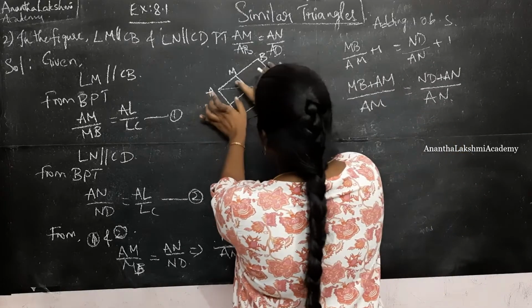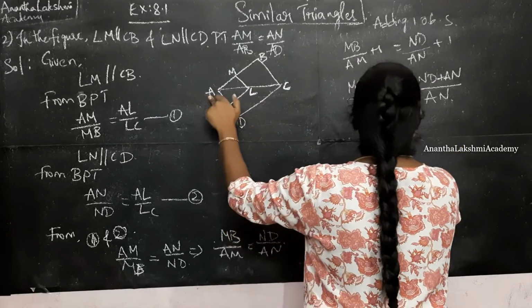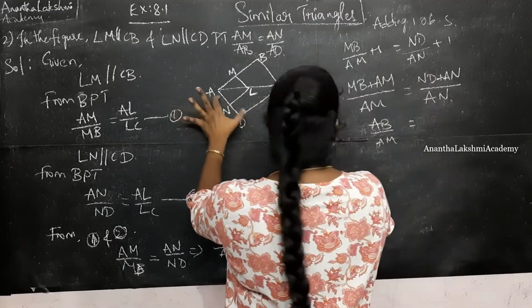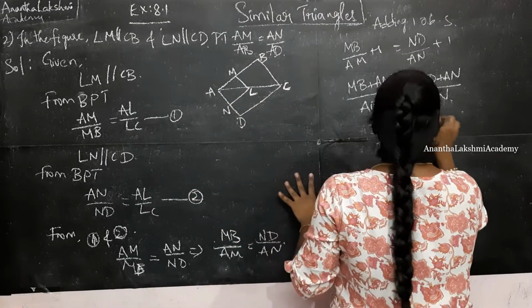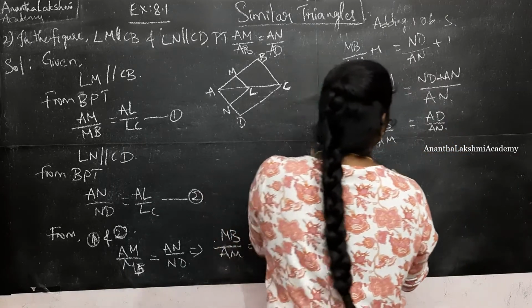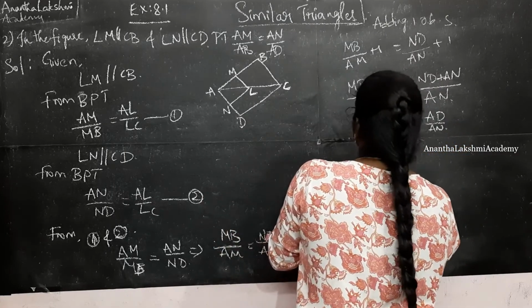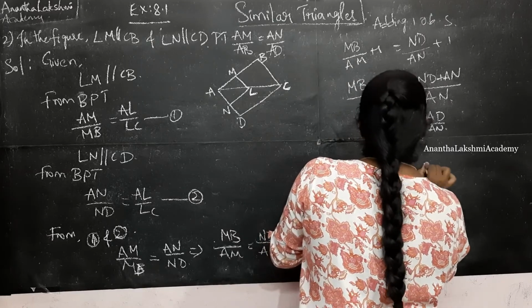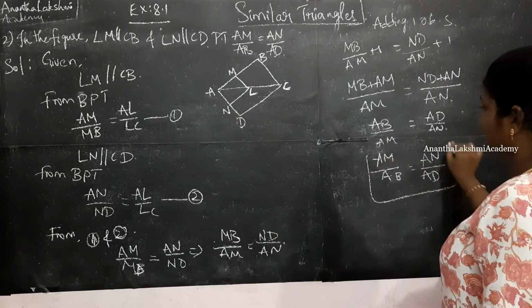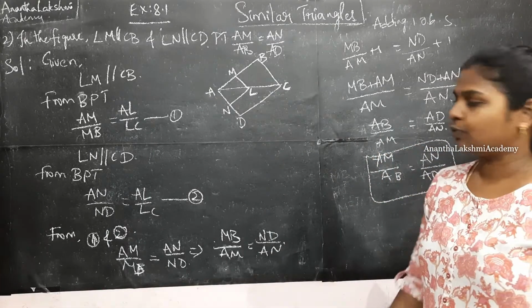So MB plus AM is nothing but AB by AM is equal to ND plus AN, which is nothing but AD by AN. If we reciprocate the same fractions, can we write it as AM by AB is equal to AN by AD? That is what we are supposed to prove, hence proved.